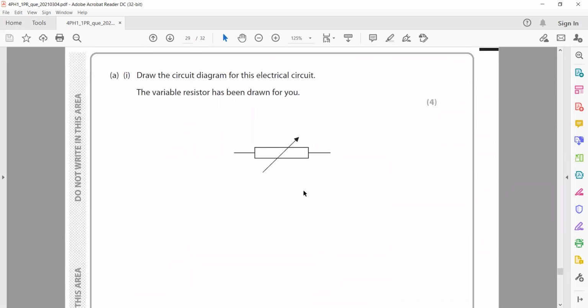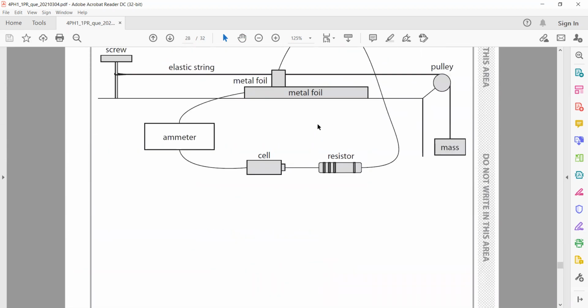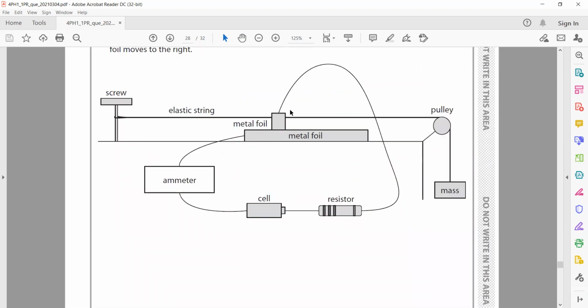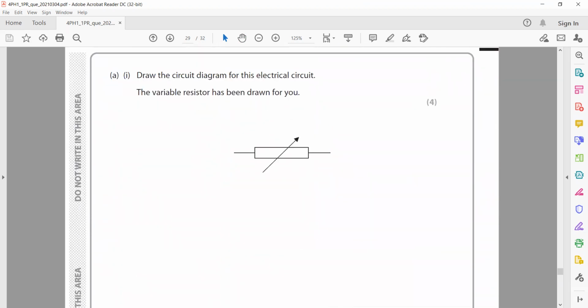Draw a circuit diagram for this electrical circuit. The variable resistor has been drawn for you. So they drew a variable resistor, and we have a cell, an ammeter. We just need a circuit diagram. This one is actually acting like a variable resistor. So we have a fixed resistor next to this. We have an ammeter to measure the current.